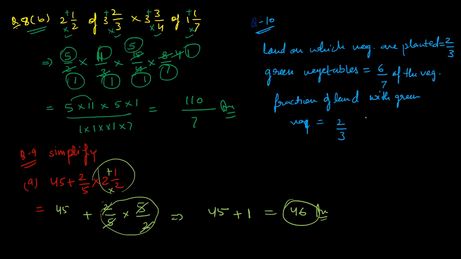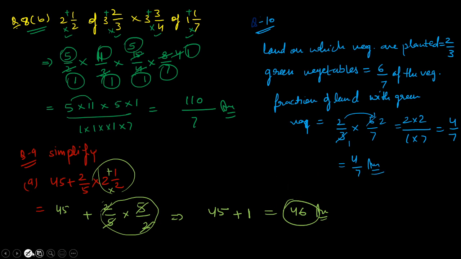So write 2 by 3 multiply by 6 by 7. Okay. Now 3 ones are 3, 3 twos are 6, and 2 twos are 1 into 7. So 2 twos are 4, 4 upon 7. So your answer is 4 upon 7. This is the answer. Okay, students. This was question 10. Now question 11.